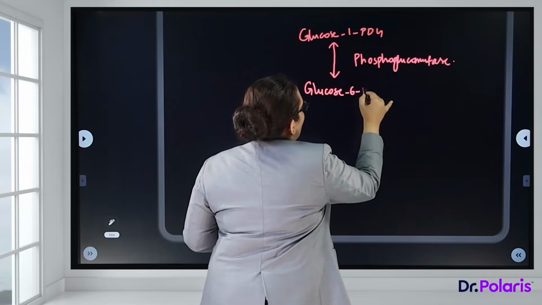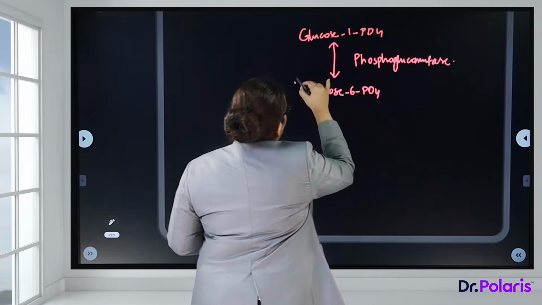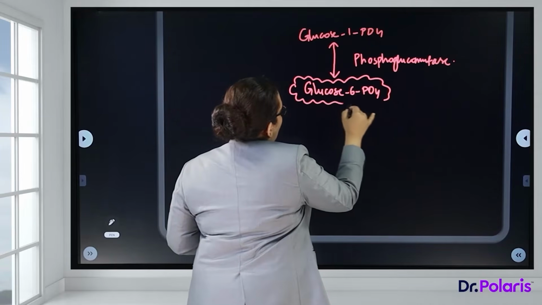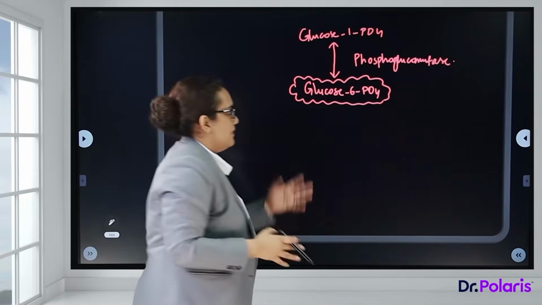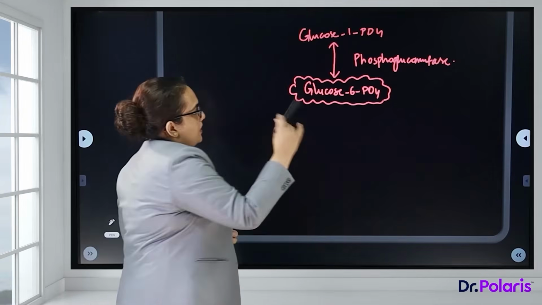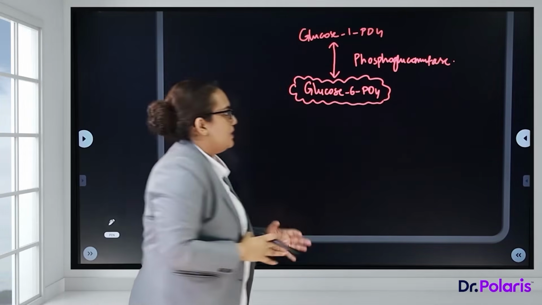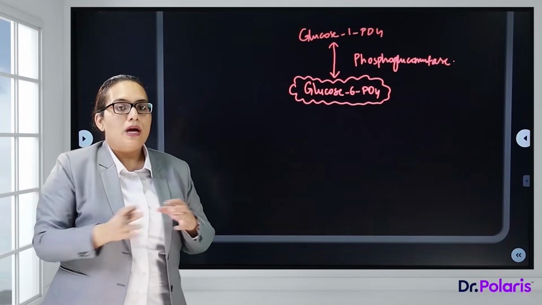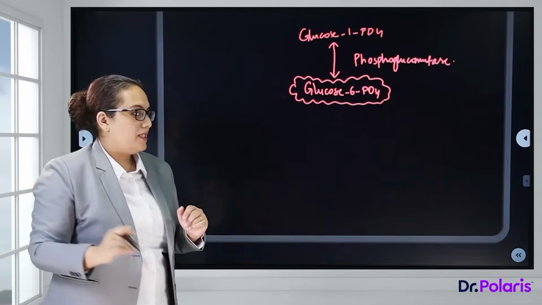Now the formation of glucose 6-phosphate is a very crucial point, and it plays a major role in two things which I'll be talking about now. Depending on where this glycogenolysis is occurring, whether within the liver or the muscle, you have two different sets of products formed.